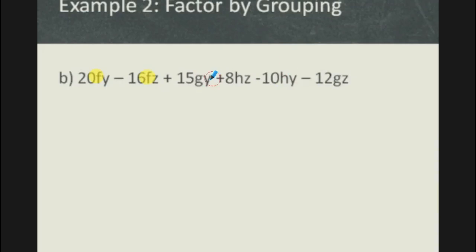So again, we're looking for common terms. We have G. This one has H, and this has H. But what we'll notice is that this term has Y, this term has Z, Y, Z, Y, Z. So each of those terms have Y's and Z's.